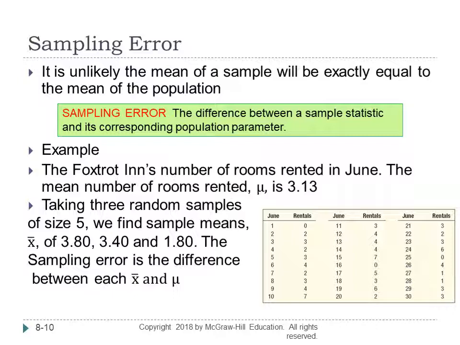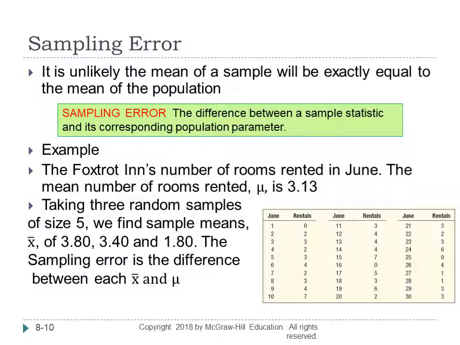Here is another example. The Foxtrot Inn, this is a hotel, a small inn. The number of rooms rented in June. The mean number of rooms rented, which is mu, is 3.13. This is now for all the rooms in the month of June.